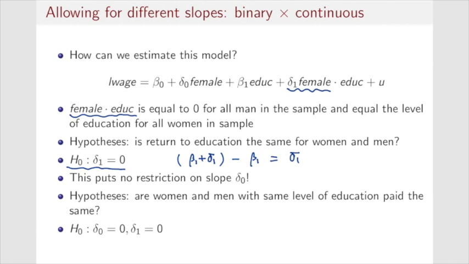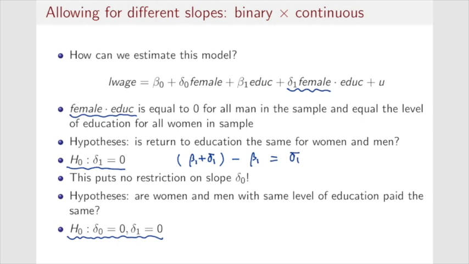Suppose the hypothesis we are interested in is whether women and men with the same level of education are paid the same. In this case, besides the marginal return for education, we also care about the intercepts, because the intercepts capture the difference in wage between the two groups at any level of education.